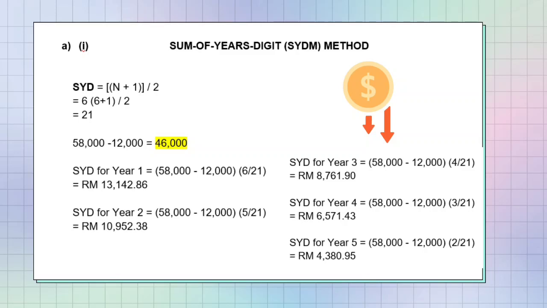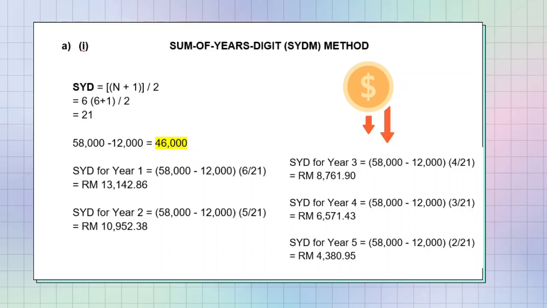For the first question, we use the sum of years' digits method, SYDM. First of all, we need to calculate the annual depreciation using the formula given, n(n+1)/2, where n represents the useful life. In this question, the useful life is 6.